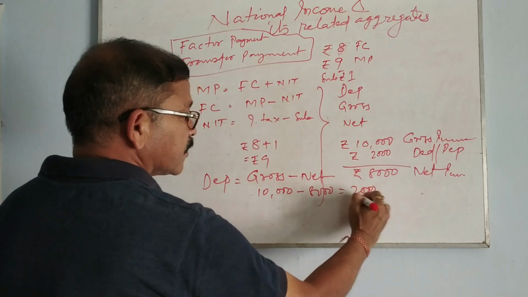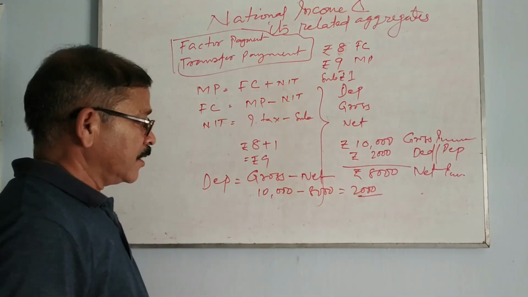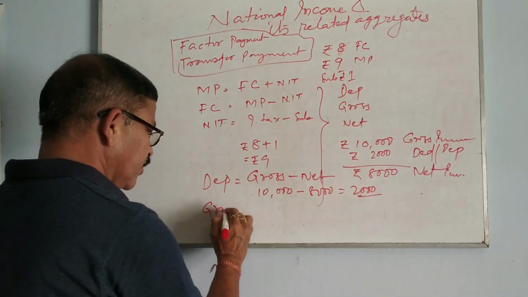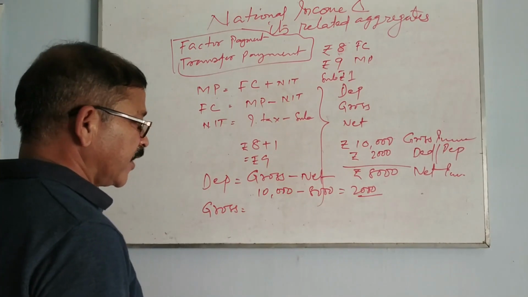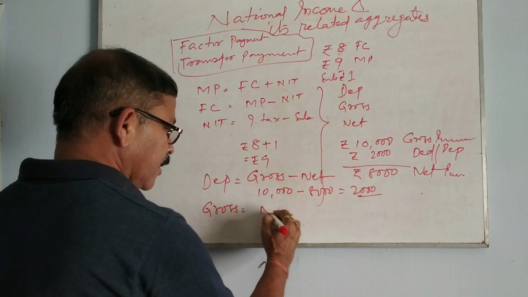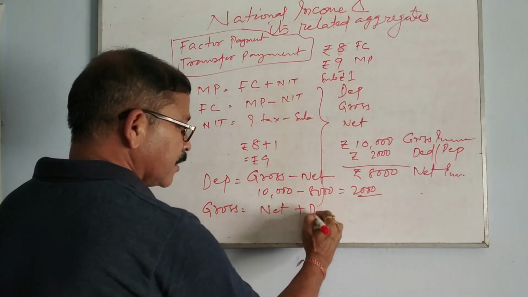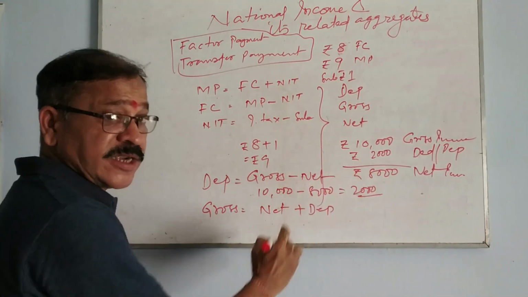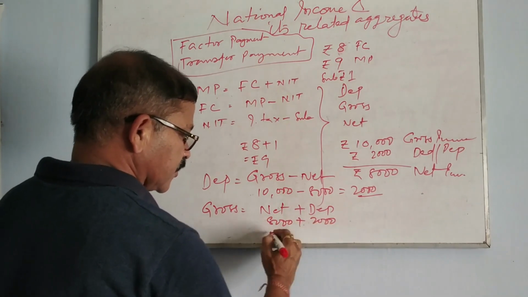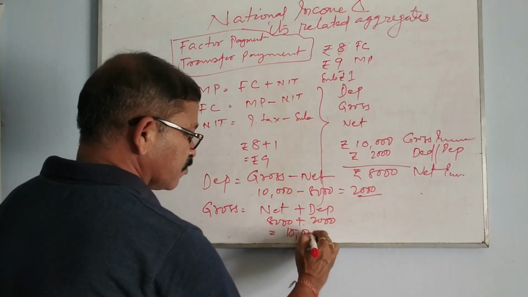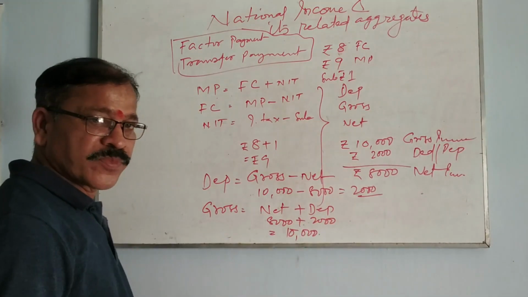So this 2,000 is depreciation. Similarly, if you want to find out gross, then net plus depreciation. Net is 8,000, depreciation is 2,000. So 10,000 is my gross.